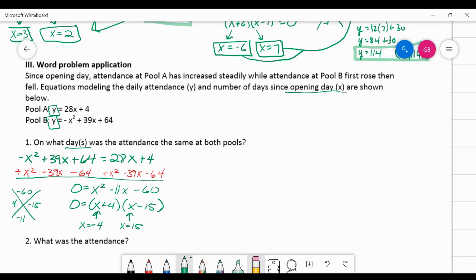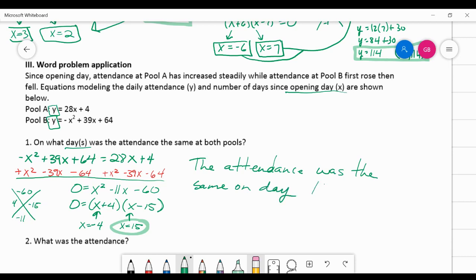But in this problem, only one of these answers makes sense. So the only correct answer is x is equal to 15. So the attendance was the same on day 15.